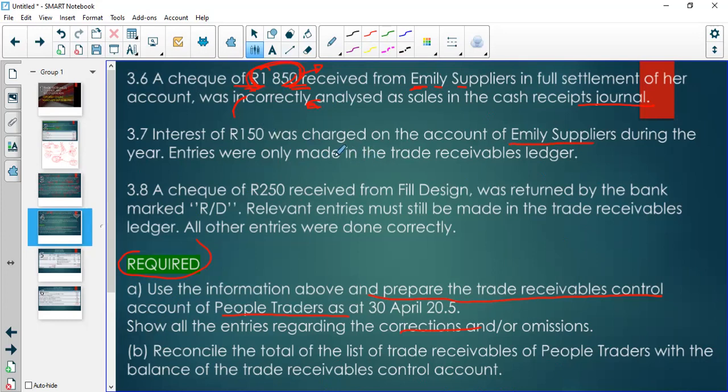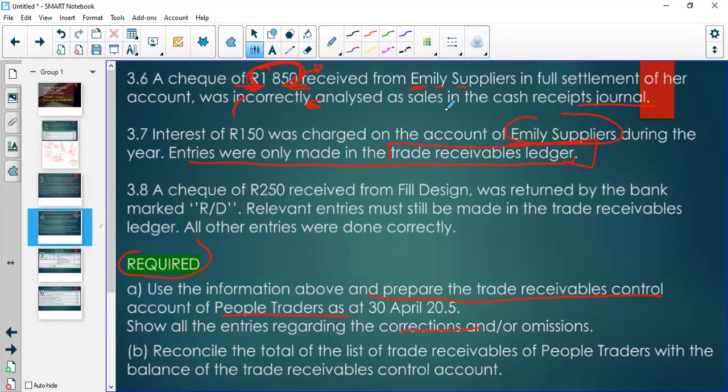We are told that entries were made in the trade receivables ledger. The trade receivables ledger is the individual account of Emily Suppliers. If we open the trade receivables ledger, we're going to see the individual accounts of each and every customer, right?